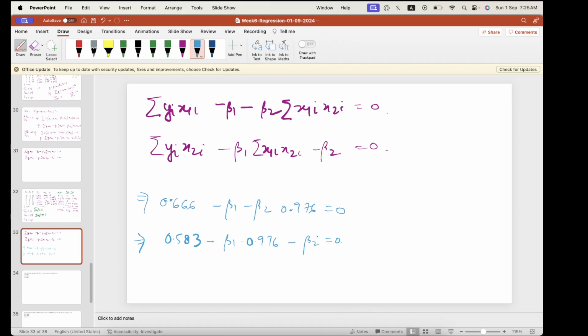Okay, so if we solve this, let's say I'll multiply this with 0.976 and then subtract. Alright, so what will we have?